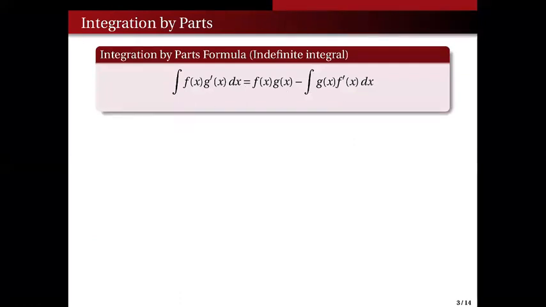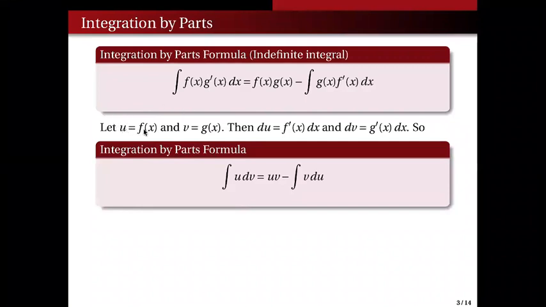And of course, we have the following. If we let u be equal to f of x and v be equal to g of x, then du is equal to f prime of x dx, and dv is equal to g prime of x dx. Using these substitutions, we can have the following formula, derived from the integration by parts formula for the indefinite integral.